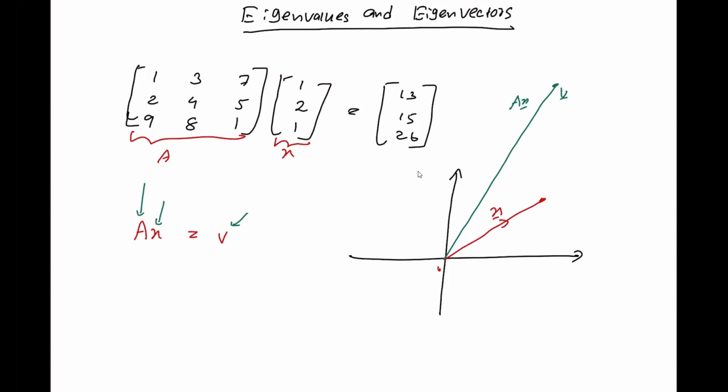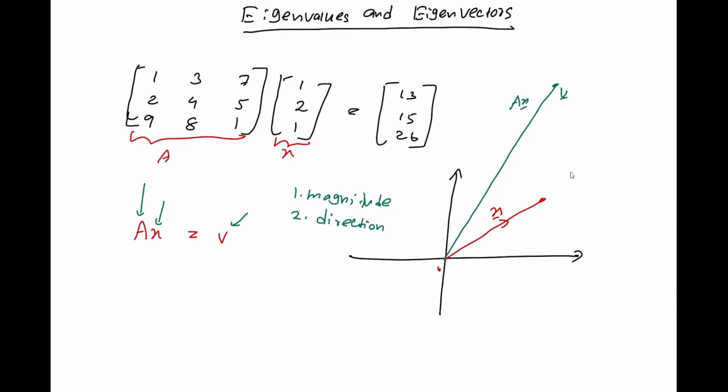So what would happen if you compare these two vectors? Two things can change between two vectors, because a vector has two things. One thing is magnitude, and the other thing is direction.